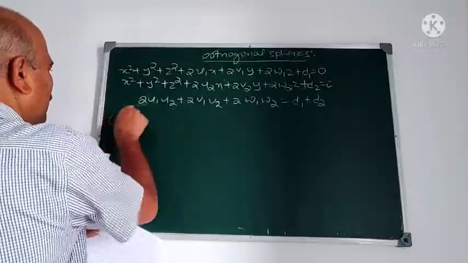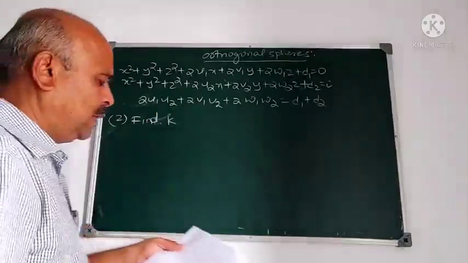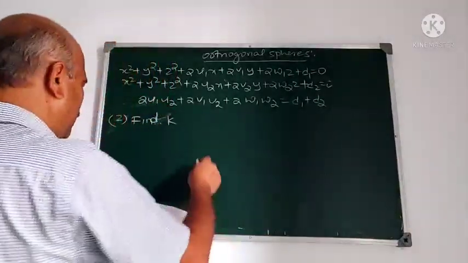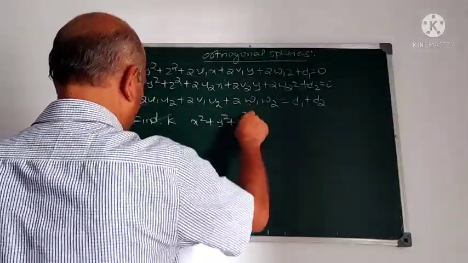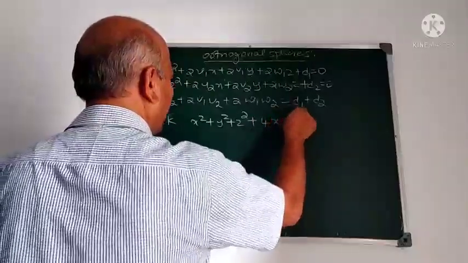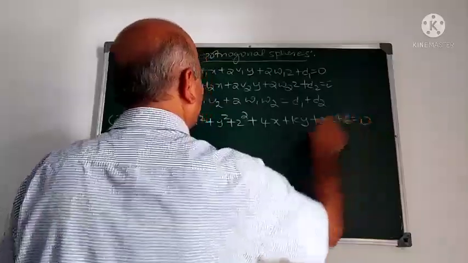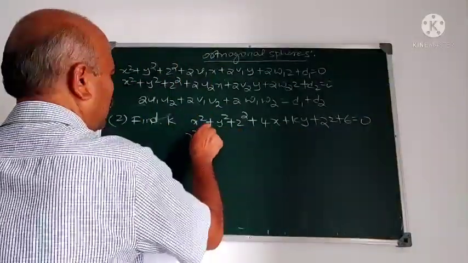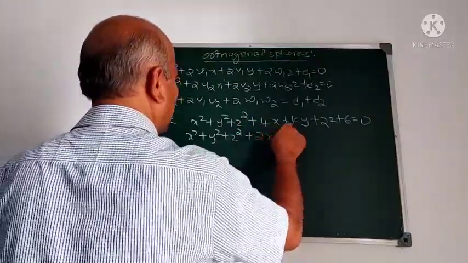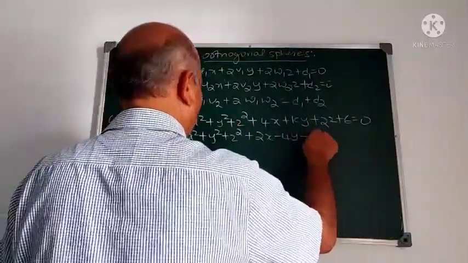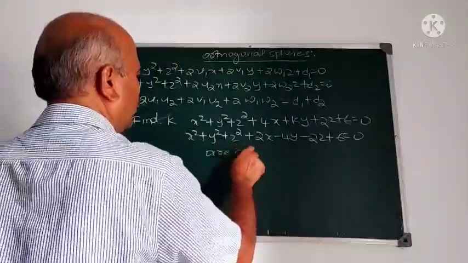Second, this type of problem says find k if the spheres x² + y² + z² + 4x + ky + 2z + 6 = 0 and x² + y² + z² + 2x - 4y - 2z + 6 = 0 are orthogonal.